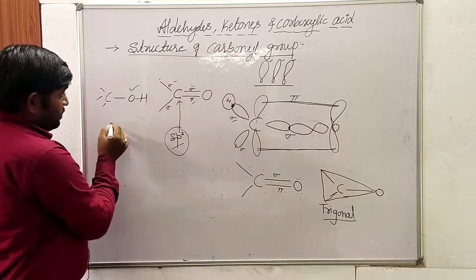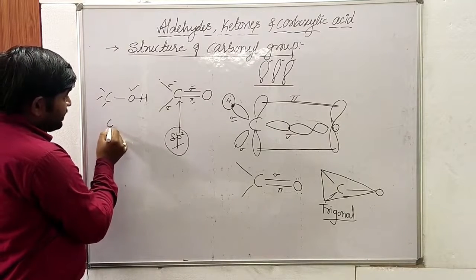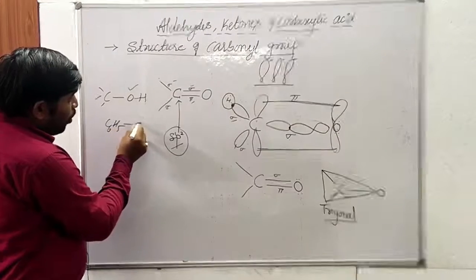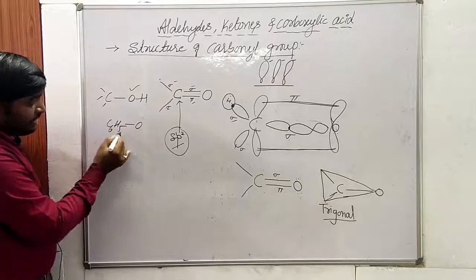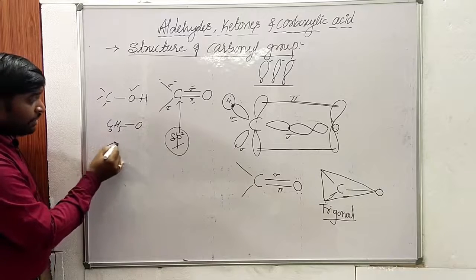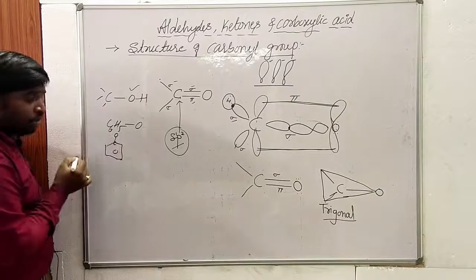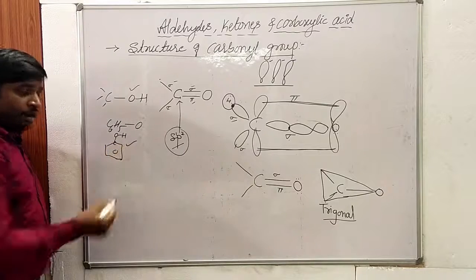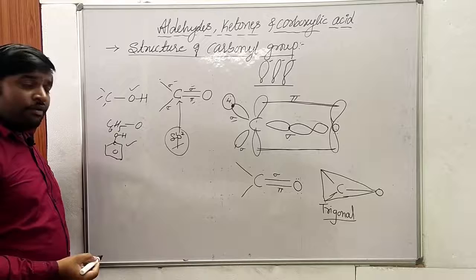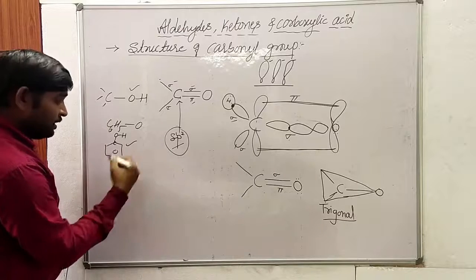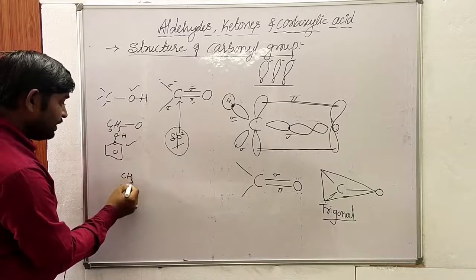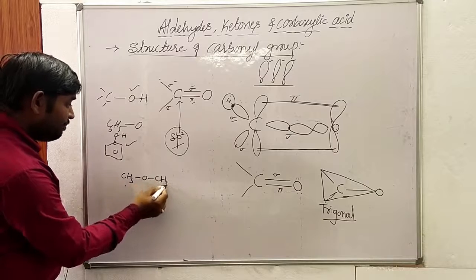Sometimes, for example C6H5O, here C6H5 is the phenyl group. If it has a carbon-oxygen single bond, it should be phenol, and also ethers. In the previous class we discussed CH3OCH3, dimethyl ether.